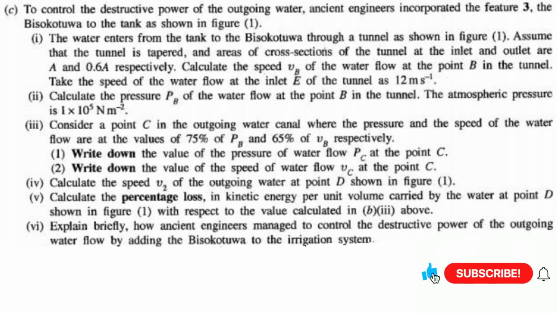Calculate the speed V2 of outgoing water at point D. You can identify point D by using figure 1.